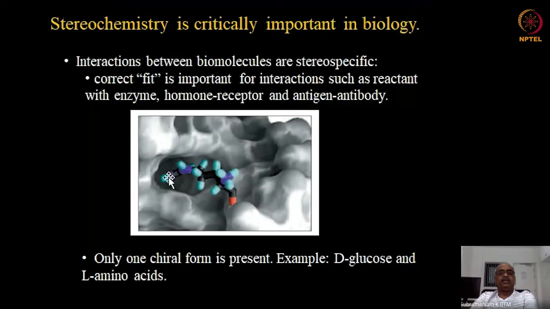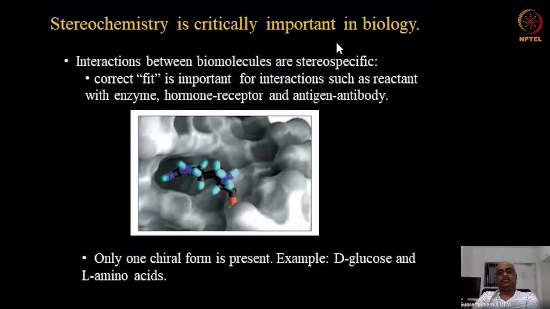As shown here, the ball and stick model of a ligand fitting to a receptor, or it could even be a substrate on an enzyme's active site. In that cavity, only this arrangement of these constituent atoms can fit snugly, and any variation on it will not fit. So due to this, stereochemistry is really critical in biology.